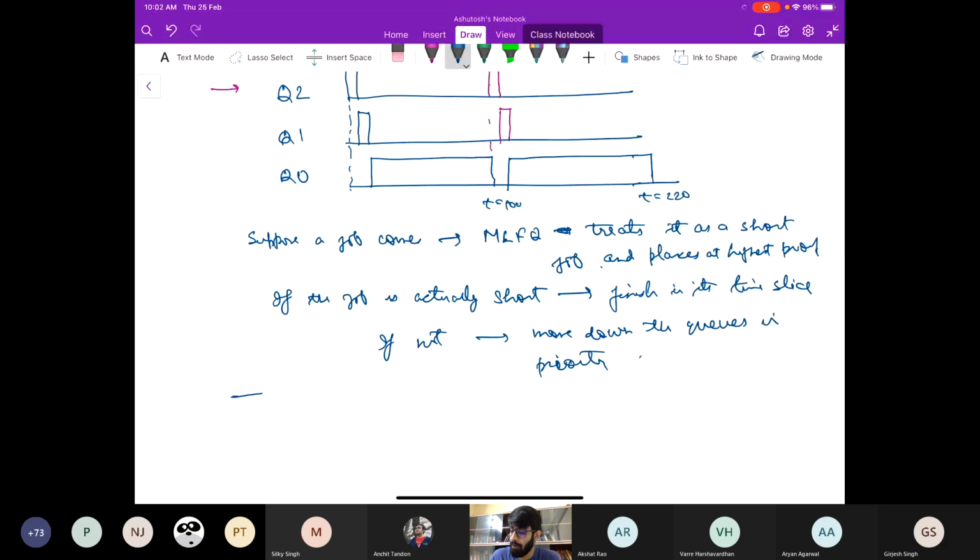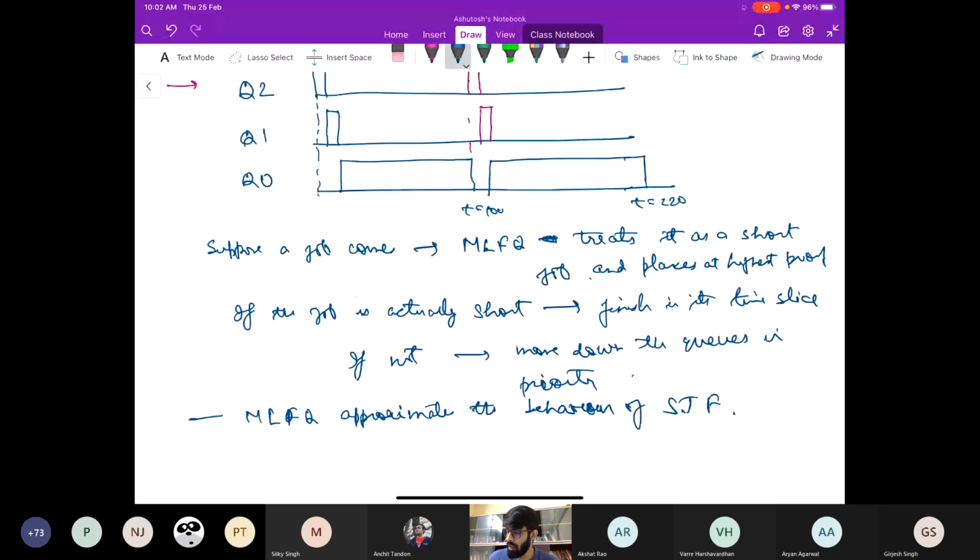That is why we can say that MLFQ approximates the behavior of SJF.